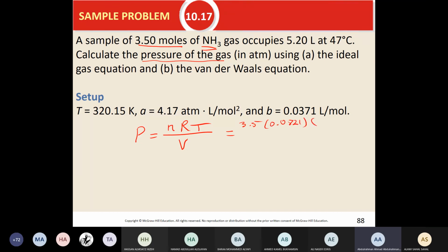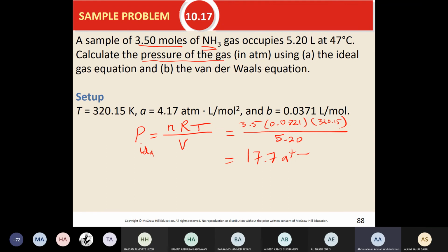Don't use the other R. What's T? 320.15. All of this divided by what volume? 5.2 liters. Find the pressure. 17.69. 17.7 atmosphere actually. This is for ideal.